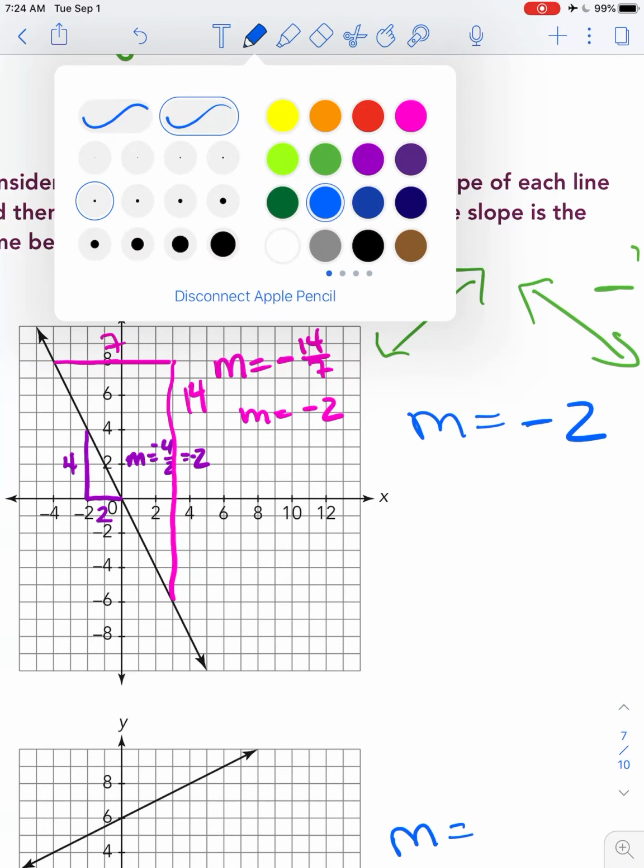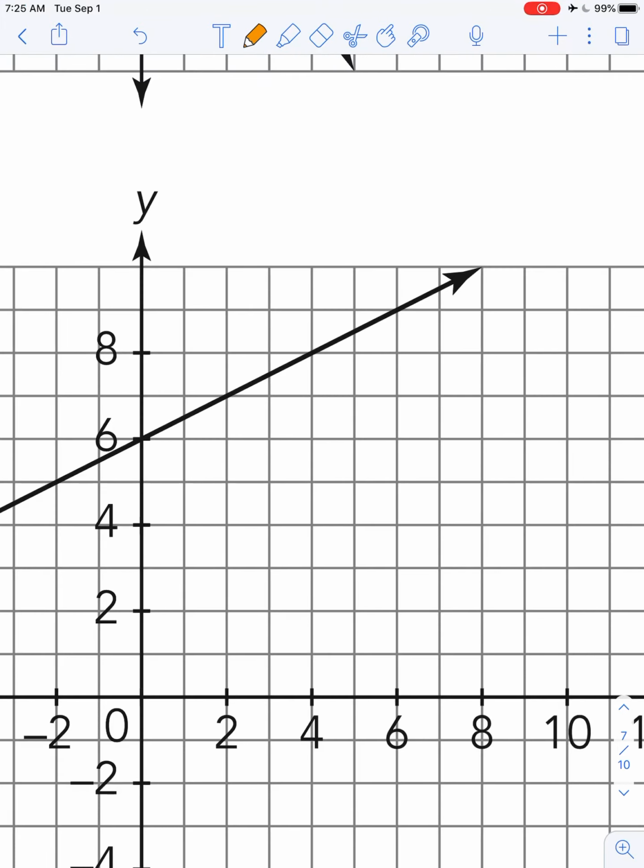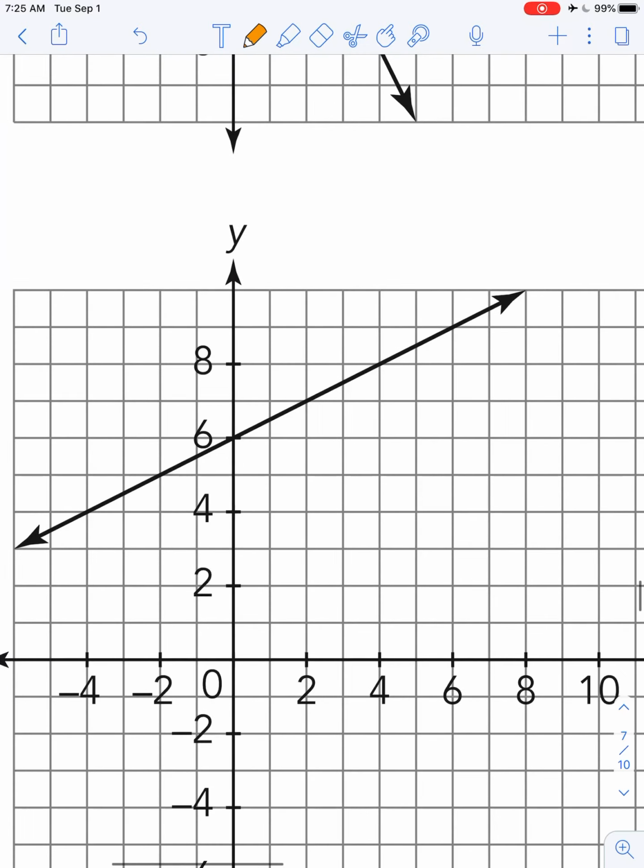Let's come down to this one down here. Let's go orange. It's a positive slope. I'm going to do a big one. How about from here over to here? I just have to see it. There we go. From there to there. Well, I can't do that in my brain. 1, 2, 3, 4, 5.